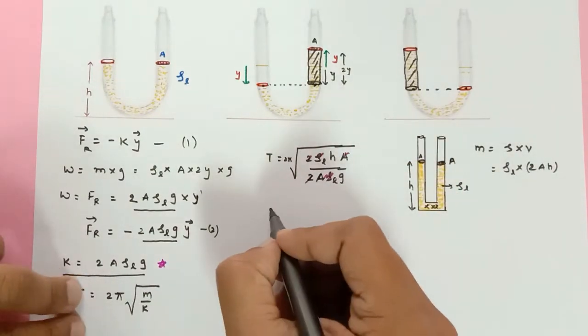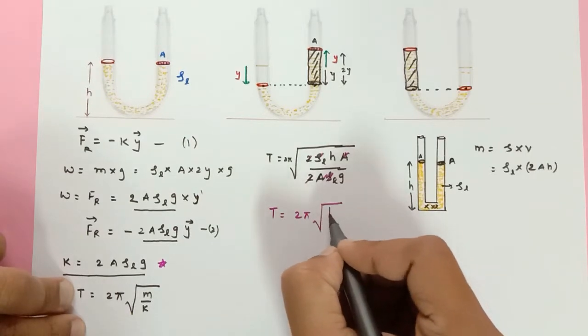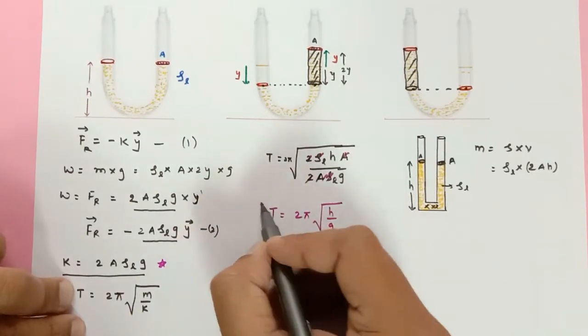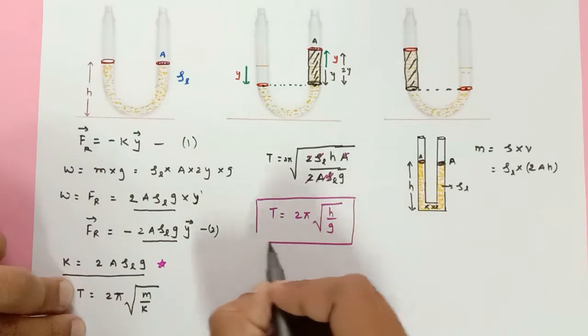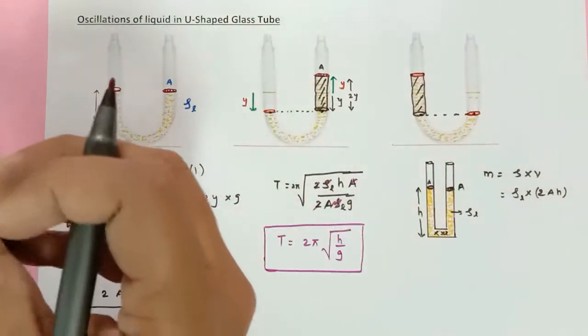So finally we get T is equal to 2 pi under root H by G, which is the equation of time period of SHM.